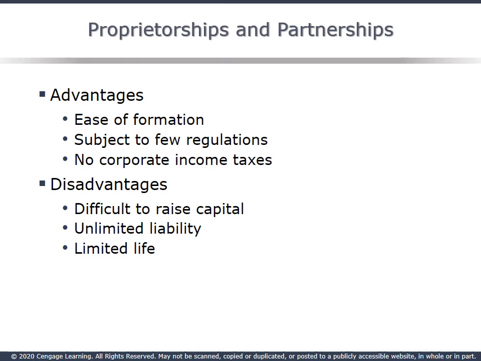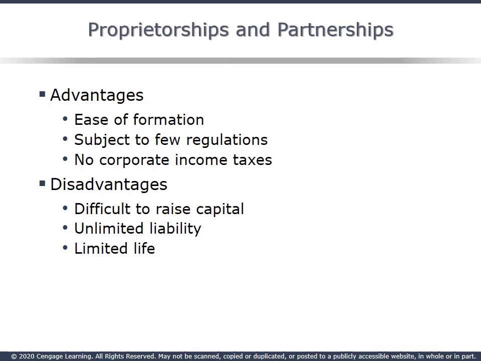If you have a Social Security number, you can open a bank account in the business's name as well as purchase a business license. Proprietorships are subject to very few regulations, and the business pays no income taxes. So any income of the sole proprietorship is funneled to its owner, and then the owner pays taxes on that income.